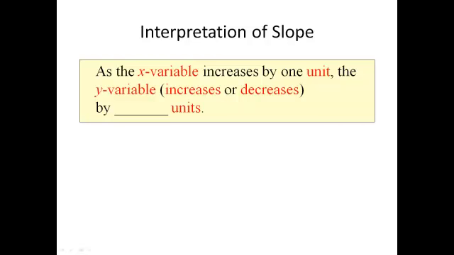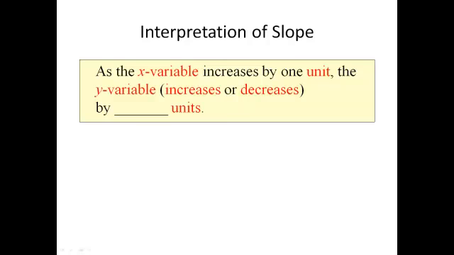If the sign is positive, then the y variable is predicted to increase as x increases. If the sign on the slope is negative, then the y variable is predicted to decrease as x increases. So let me say this one more time. As the x variable increases by 1 unit, the y variable increases or decreases by blank units.